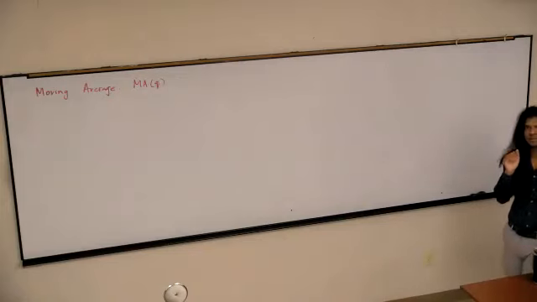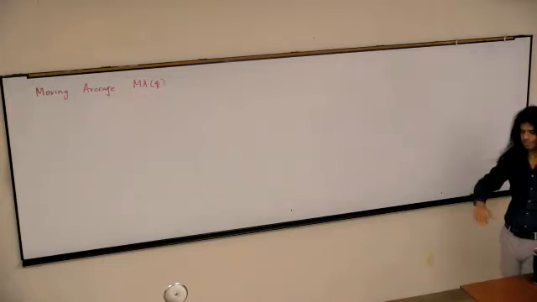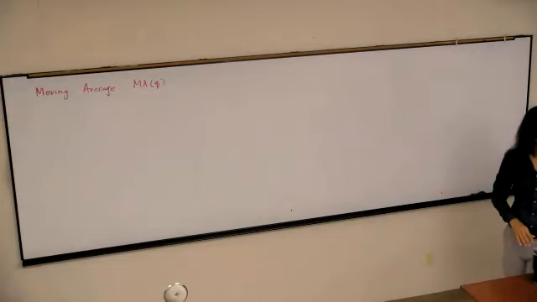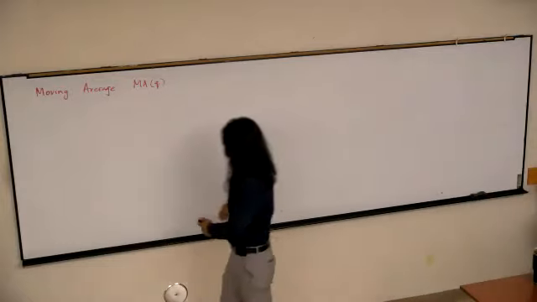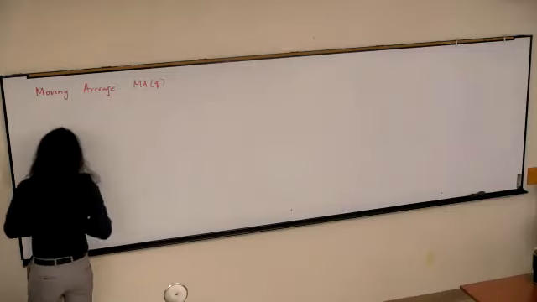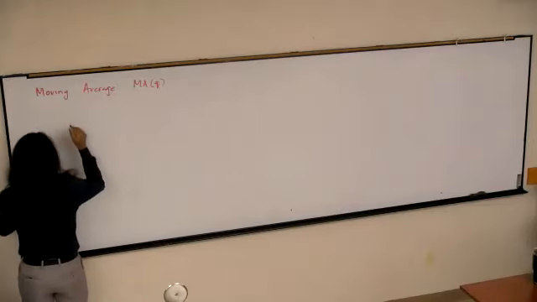Why did we stop at ρ2? MA1, we stopped at ρ1. MA2, we stopped at ρ2. Why? Because anything greater than that, theoretically, is 0. Okay, MAQ.